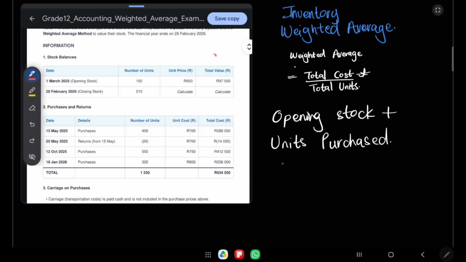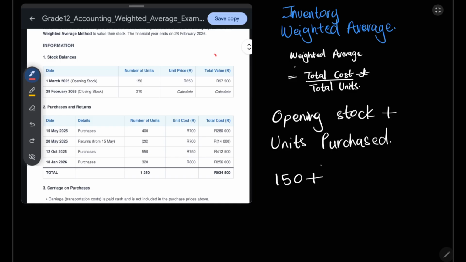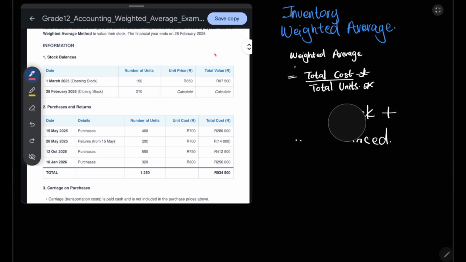So our opening stock is 150 units plus the units purchased in total, 1,250, and in total you should get 1,400 units as your total units. Now we have both our total cost and our total units. Let's substitute.